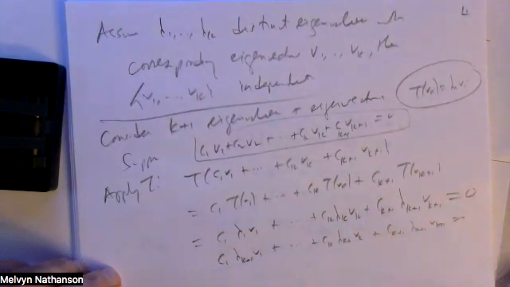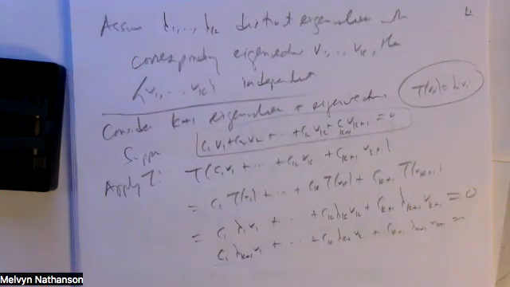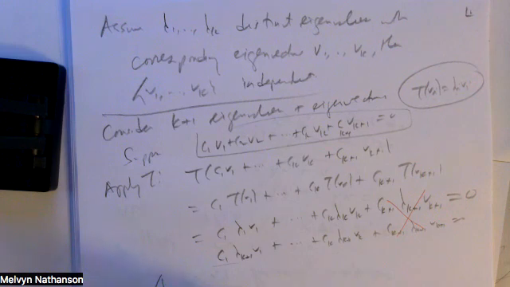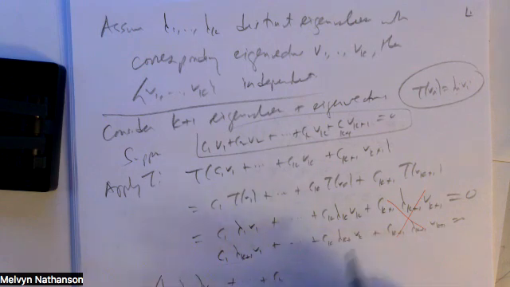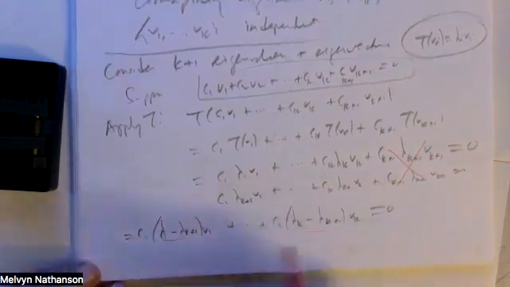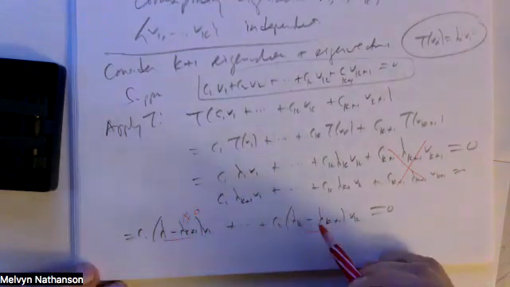And if I subtract these two equations, one from the other, these terms cancel. And what I get is C1 (lambda 1 minus lambda k plus 1) V1, all the way up to Ck (lambda k minus lambda k plus 1) Vk equals 0. And because the eigenvalues are distinct, these numbers are non-zero.